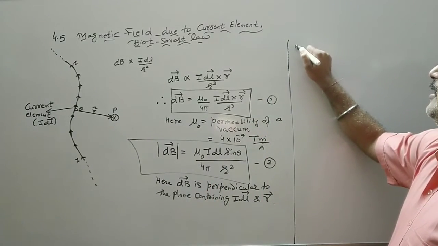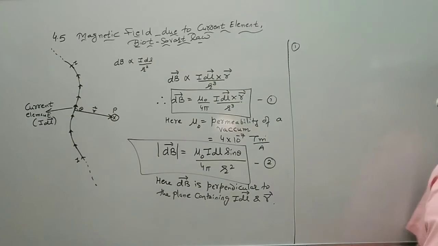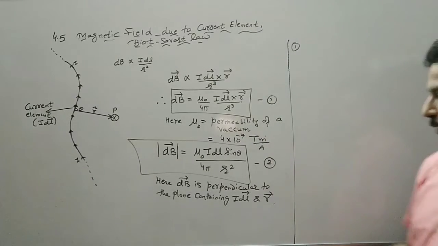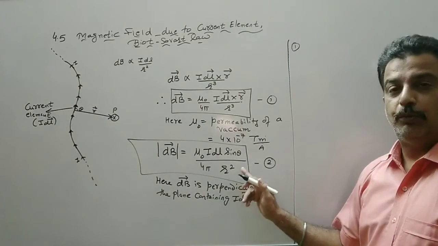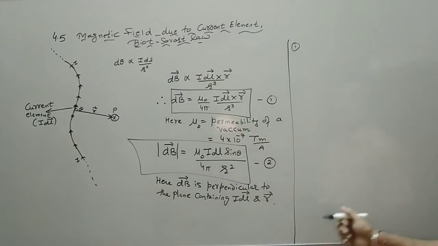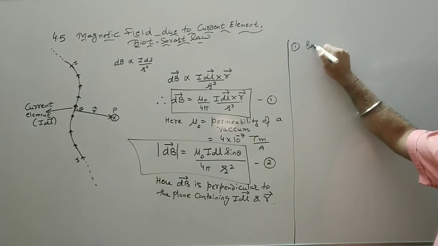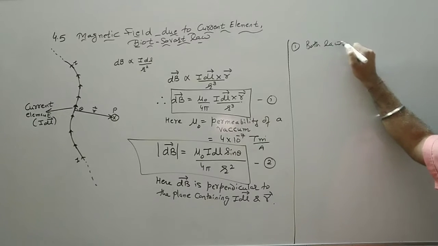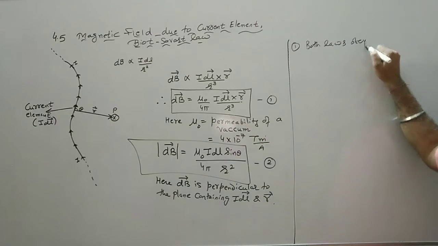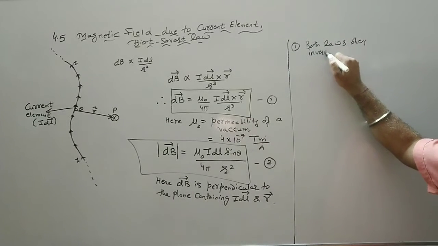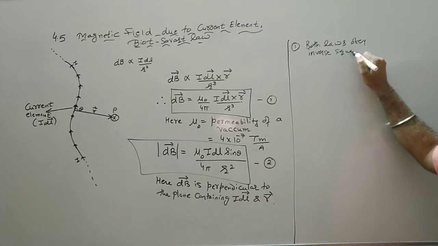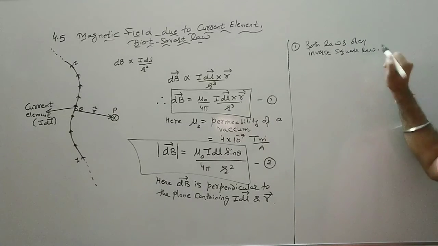Now, first is the similarity. What is the similarity? If we see the magnitude, we have 1 upon r square. So it is an inverse square law. Both laws obey the inverse square law.